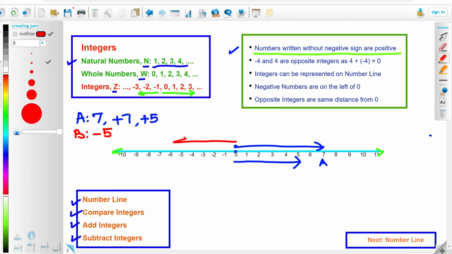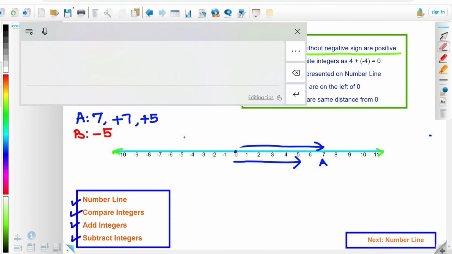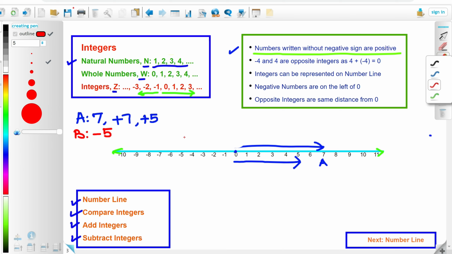So that becomes the negative 5 number. I went further down, so let me correct this one. Okay, so this is the number which we are saying is negative 5. From 0, I'm going to this side, and that is the negative 5 number.